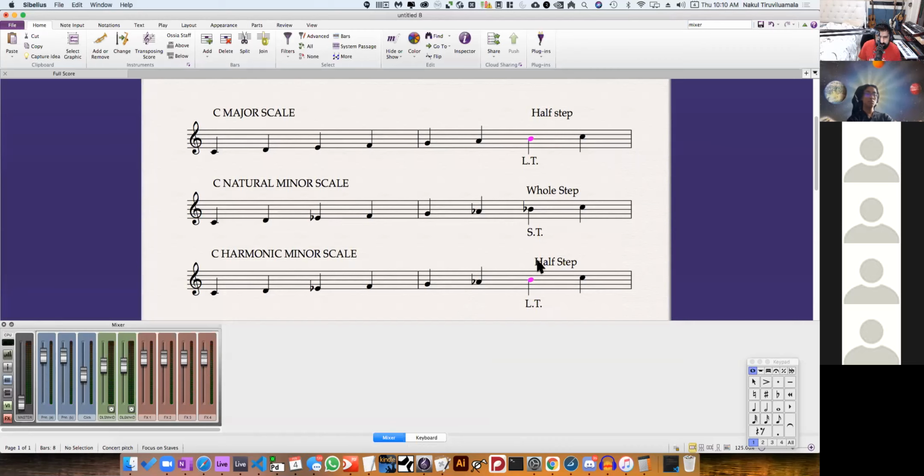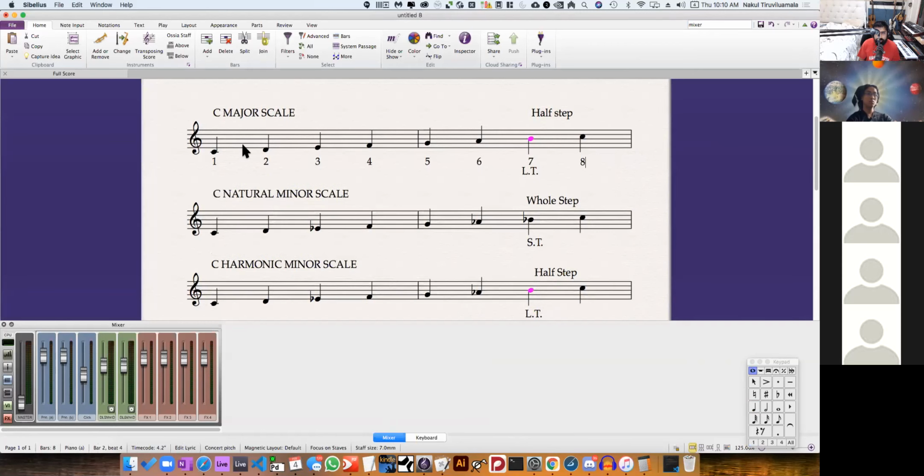Right. So there's this idea that this leading tone really wants to resolve to the tonic. If I play this with the subtonic instead of the leading tone, see, all of these scale degrees have names, right? So you could call this 1, 2, 3, 4, 5, 6, 7, 8, and there are little carets here as well. 1, 2, flat 3, 4, 5.